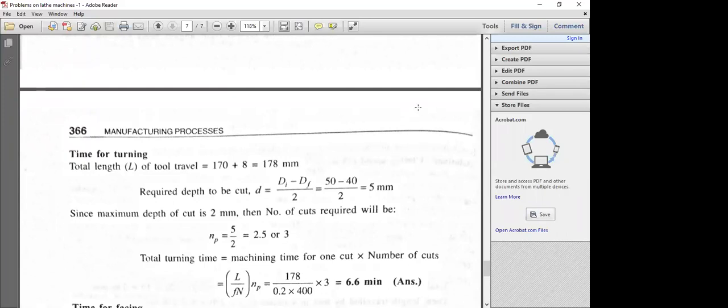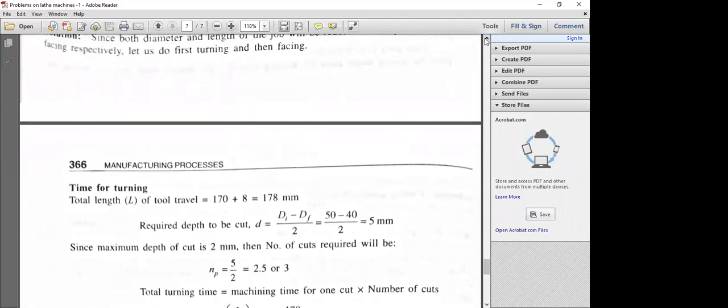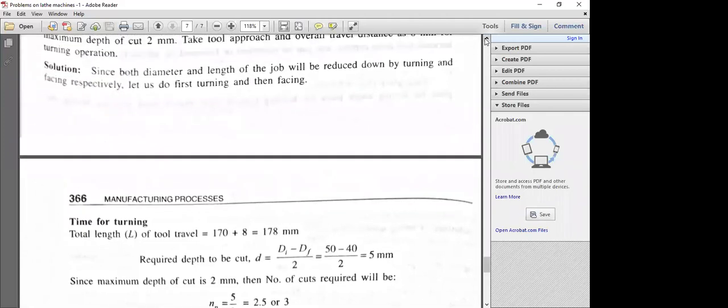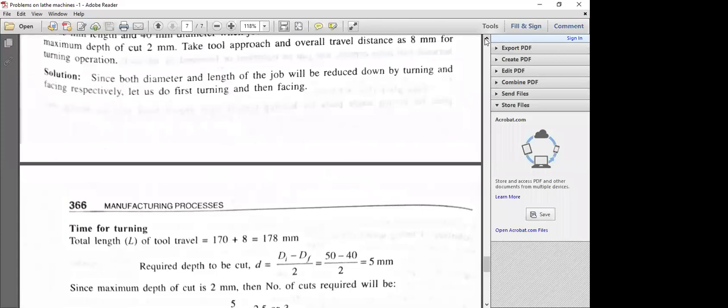What is 8 here? He has given the overall travel distance as 8 mm for this one. So 170 plus 8.